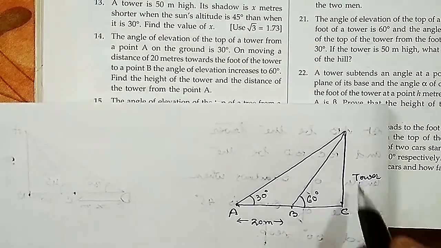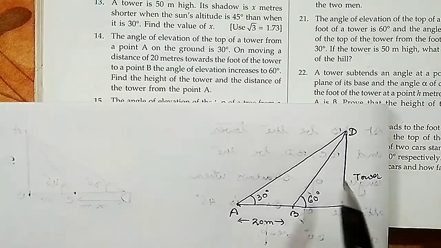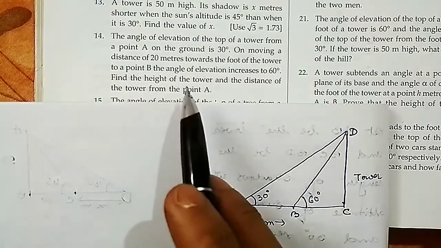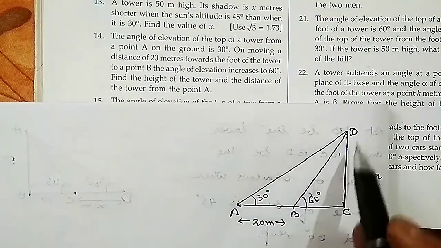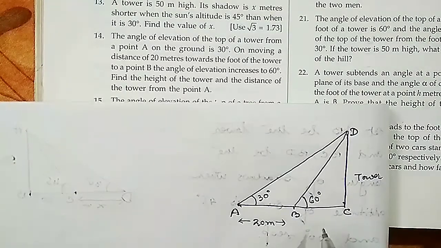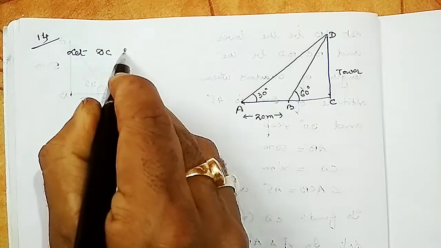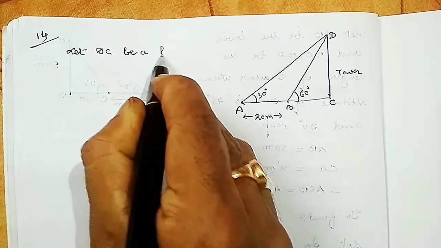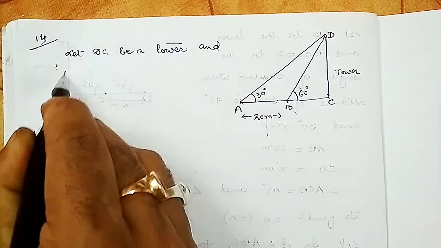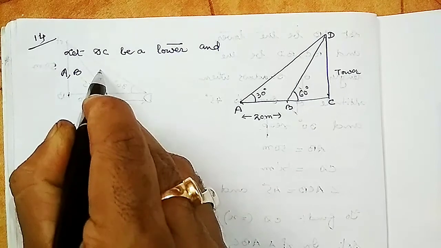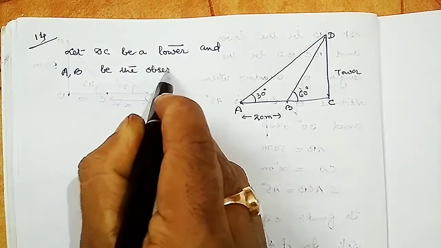Let me name this one as C and this one as D. So we have to calculate AC and DC, because it is given in the question, find the height of the tower and the distance of the tower from the point A. So DC and AC we are going to calculate. Let DC be a tower and A, B be the observation points.